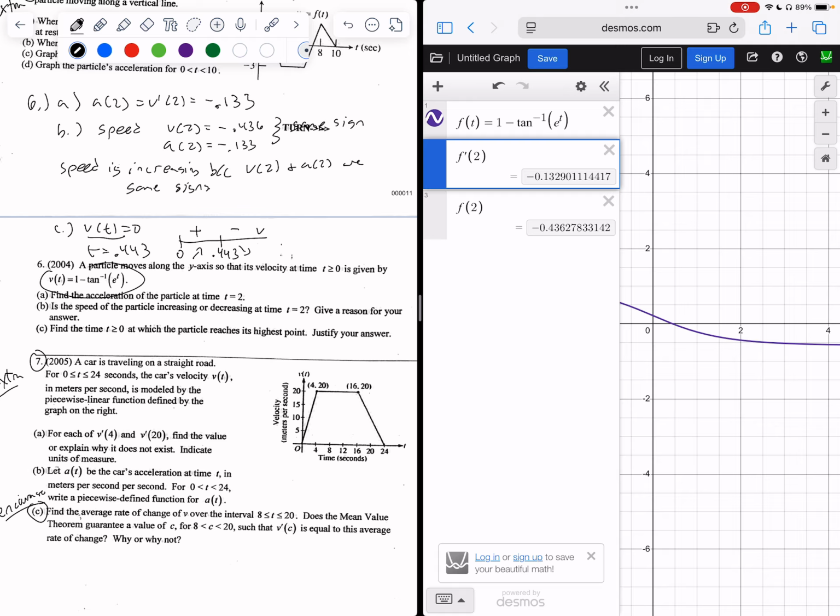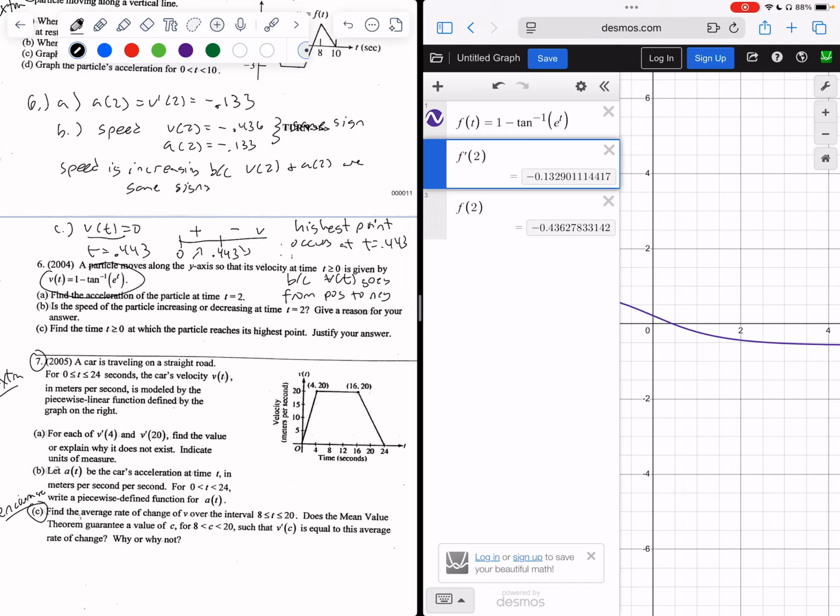So we would say that the highest point occurs at t equals 0.443 because, and this is the weird part, V of t goes from positive to negative.